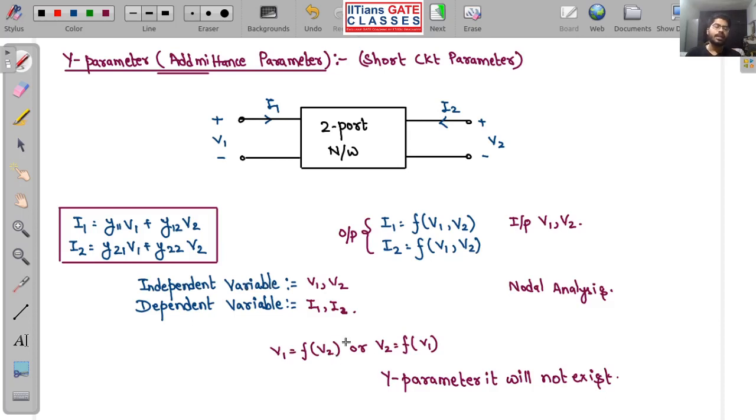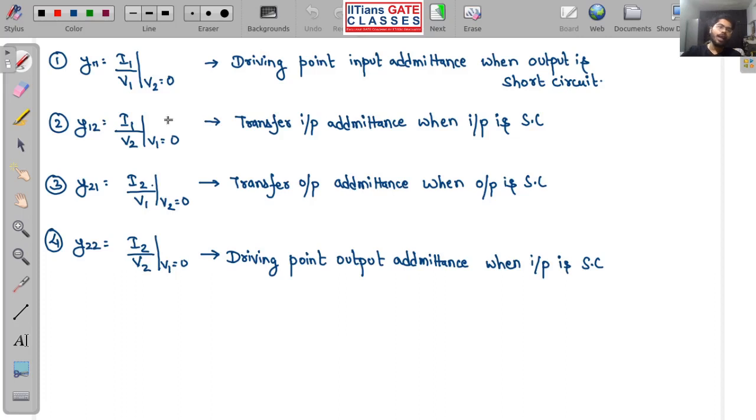Rather, the independent variables are not independent anymore; they have become dependent on each other. In that case the Y parameter will never exist. Now why it is known as short circuit, we are going to see here.